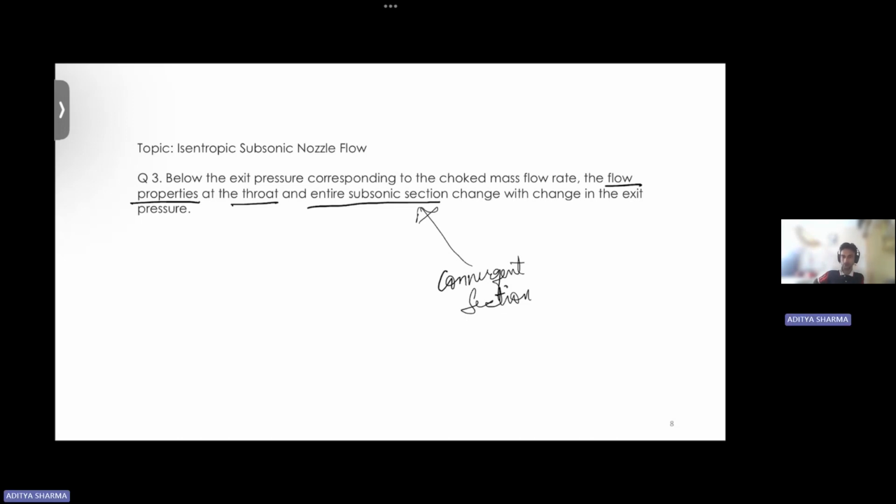Further downstream of the nozzle, the flow accelerates further if we have apt back pressure. So the flow properties at the throat and the entire subsonic section change with change in the exit pressure.